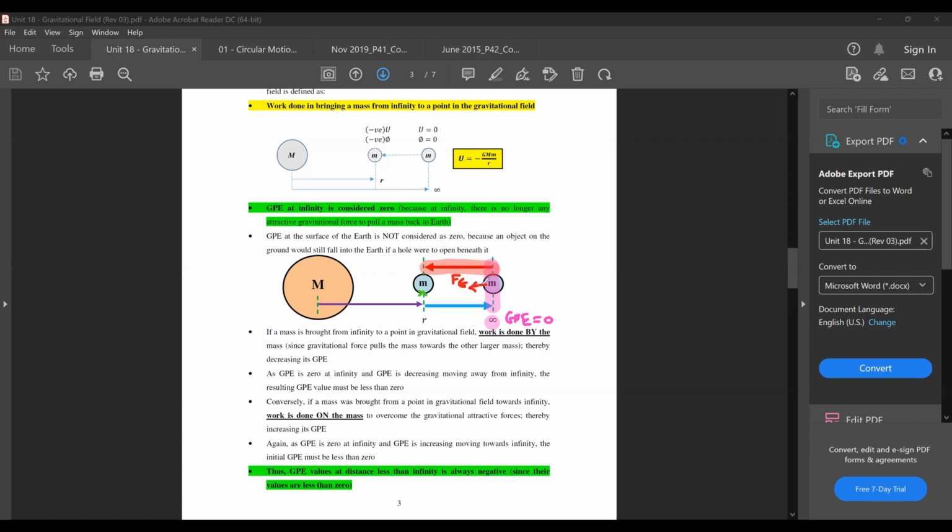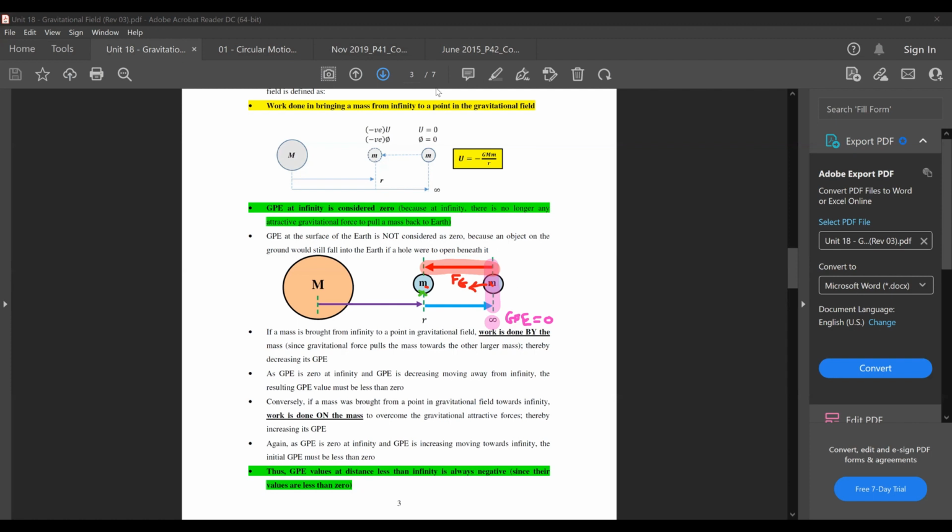So if you already have a gravitational force acting on the mass, it will actually move by itself from infinity to this point, because the gravitational force itself is pulling it from here to here. You do not need to purposely apply a force to push the mass from infinity to here.